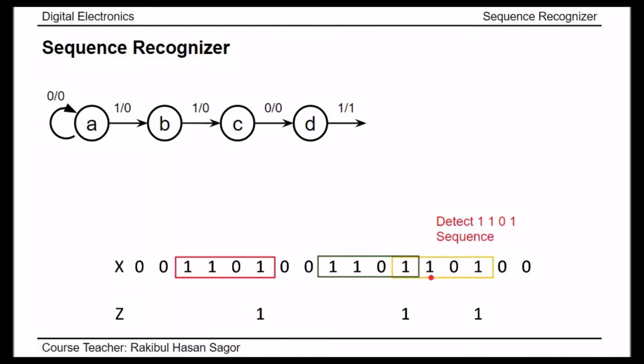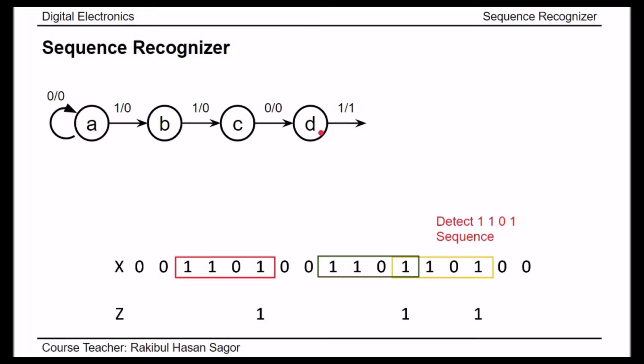After a single 1, if we get 0, 1, then again it's another sequence. But if it is connected with A, we must wait for 2 more ones. After this 1 plus 2 more ones, if we get 0, then it will recognize 1, 1, 0, 1, and it will give me output Z equal to 1, which is not correct.